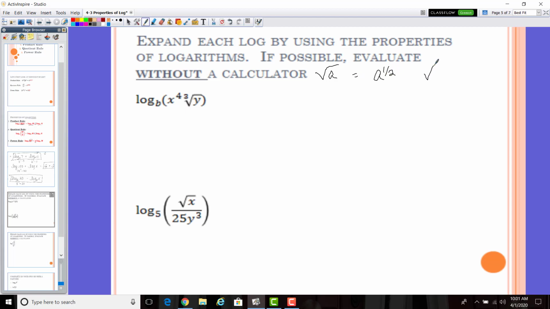So if we look at this as a rule, a to any power of m to the nth root, to change a root to a power term, the base a is going to be raised to the m over n power. The square root of a, remember any variable without an exponent means the exponent is 1.